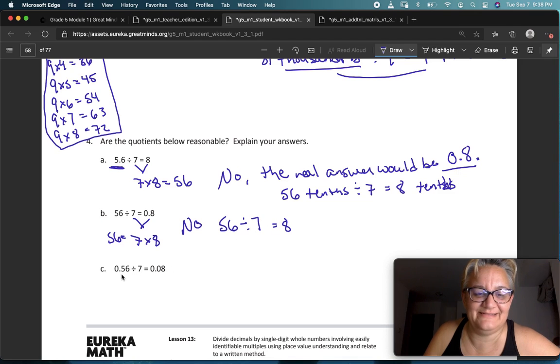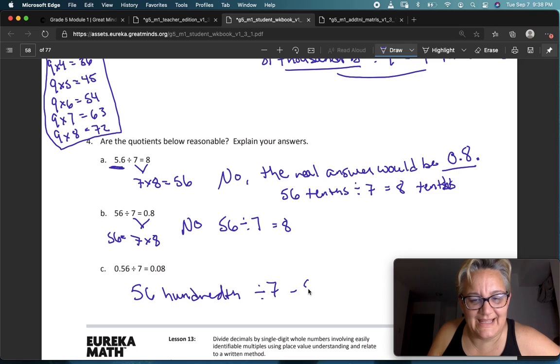I like that one too. All right. Next one. 56 hundredths divided by 7 equals 8 hundredths. Well, that makes sense. Let's just double check. 56 hundredths divided by 7 equals 8 hundredths. Yes, correct.